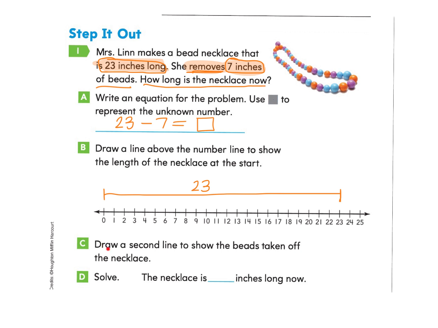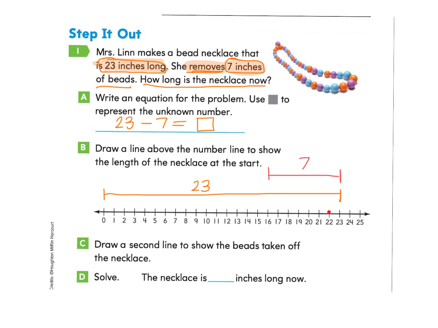Part C asks us to draw a second line to show the beads taken off the necklace. What are the amount of beads or inches taken off? 7. So we're going to start at the 23 and go back 7. And when we do that, we will stop here at the number 16.